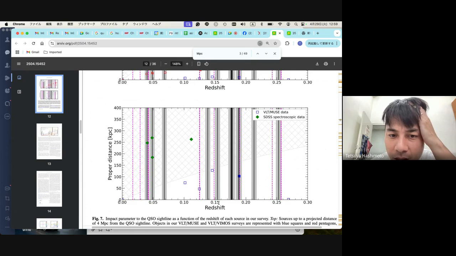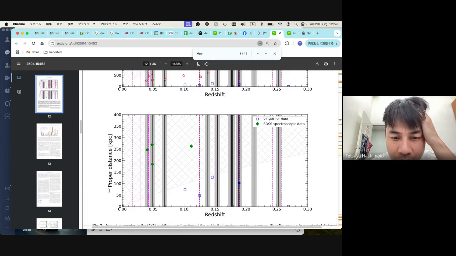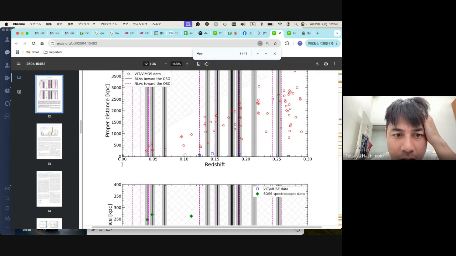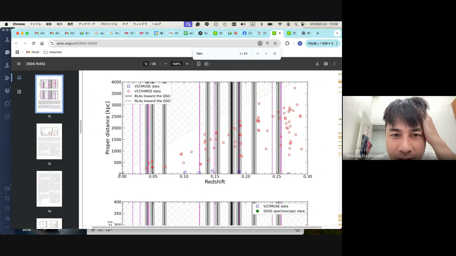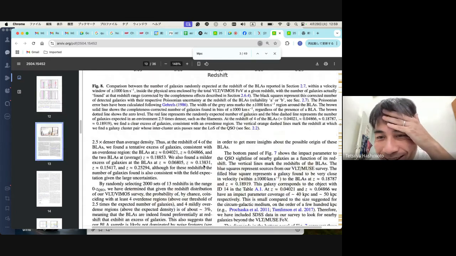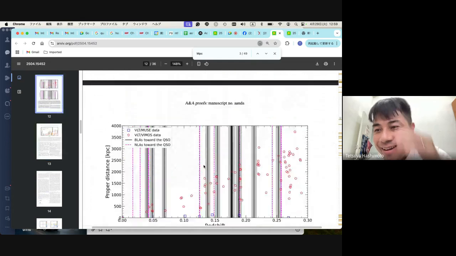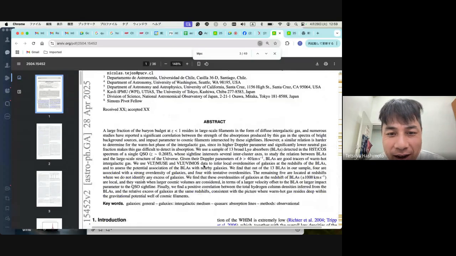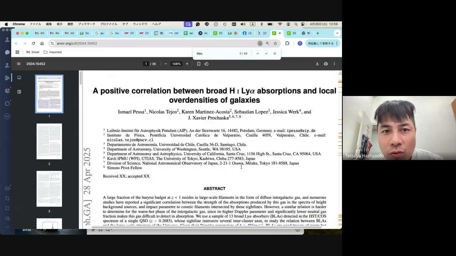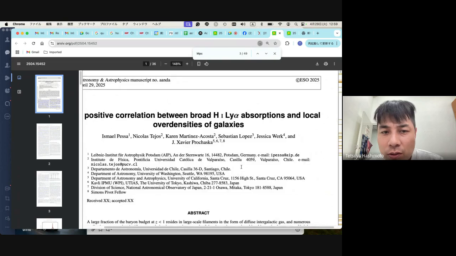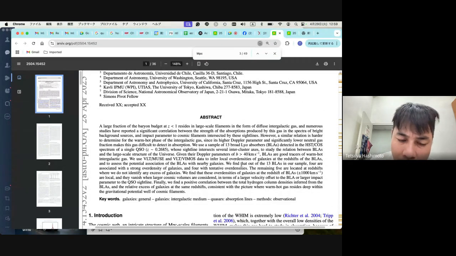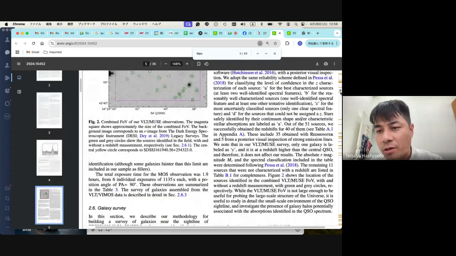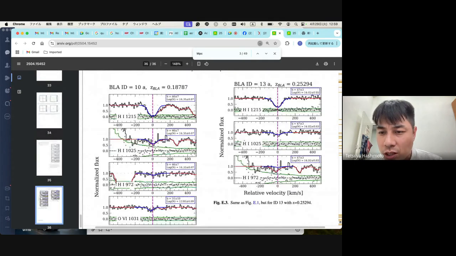But I think they have impact parameter. Okay. Then, yes, and then I'm sorry, I forgot. Then let me read the abstract. But I think they have impact parameter, but probably they didn't include it in this last figure.